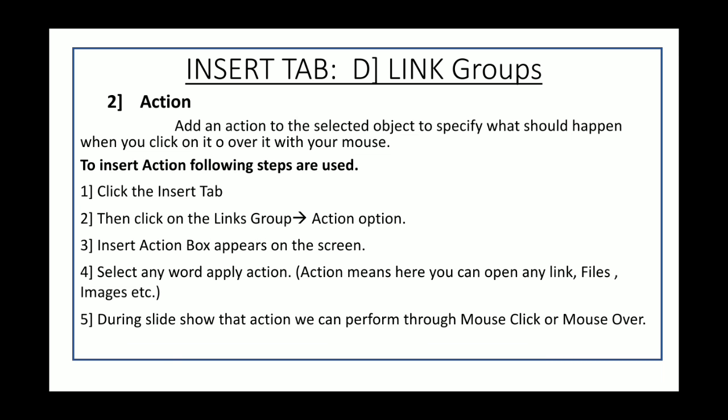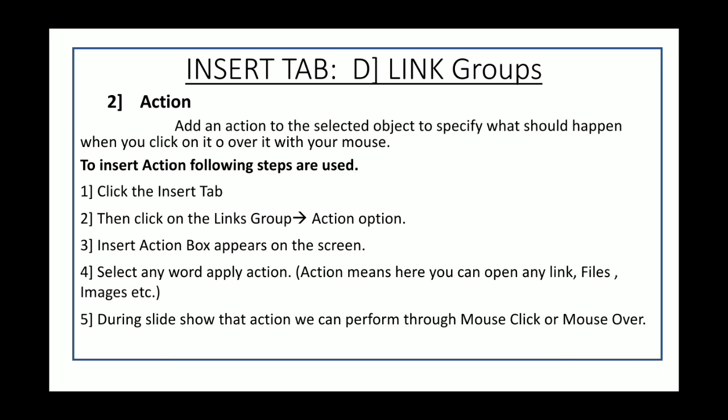If the mouse comes over that word, it has to do some action. Automatically it can open any link, any file, any image. That action you can set for that particular word. During slideshow, that action we can perform through mouse click or mouse over.